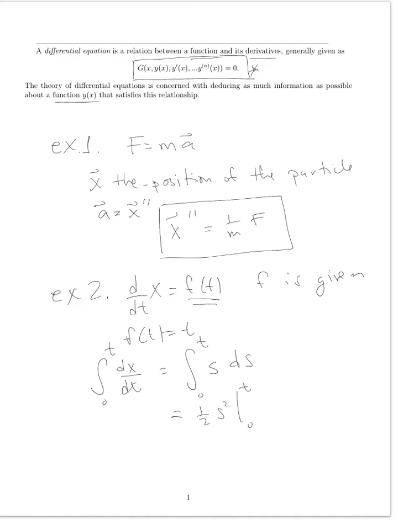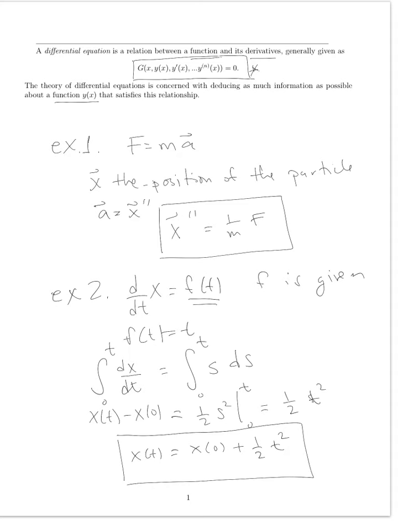I can evaluate it at the endpoints, and I get 1/2 t squared minus 0. And the fundamental theorem of calculus tells me it's x of t minus x of 0. So this is nothing more than x of 0 plus 1/2 t squared.